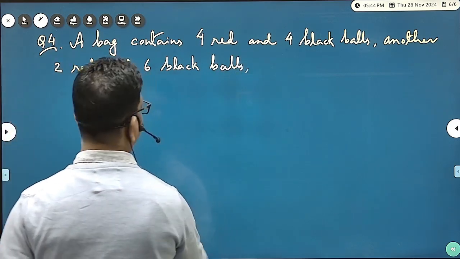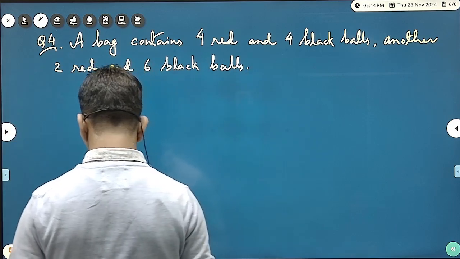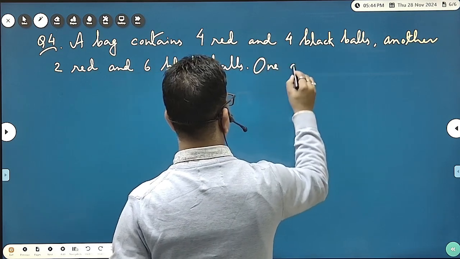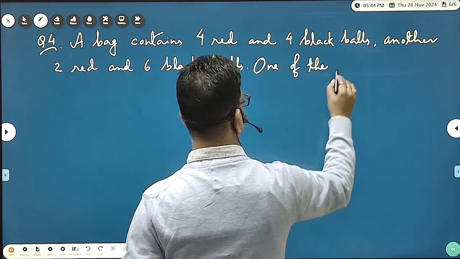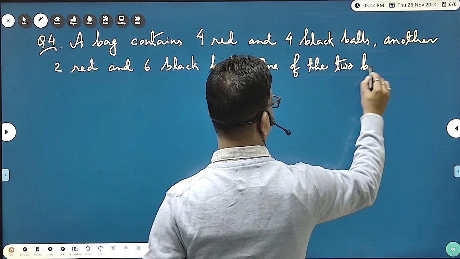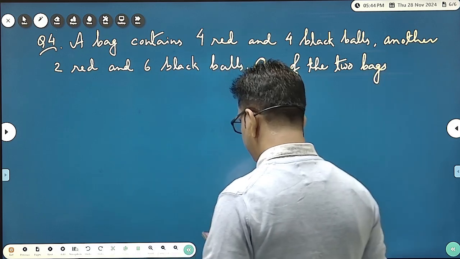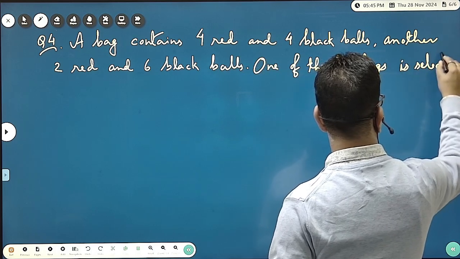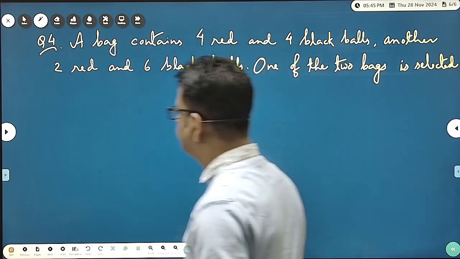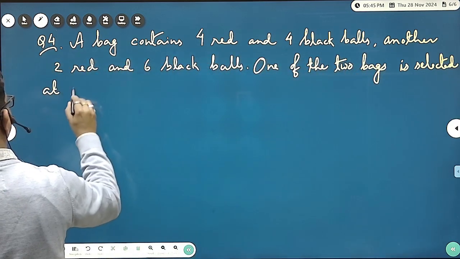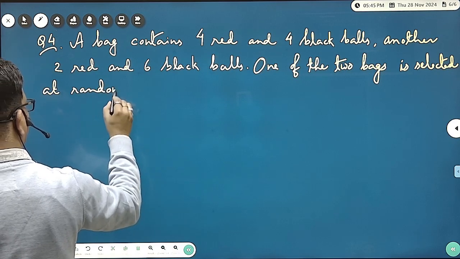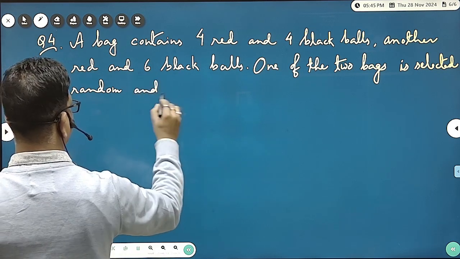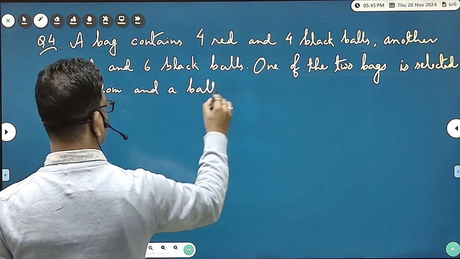Now, one of the two bags is selected at random, and a ball is drawn from the bag.